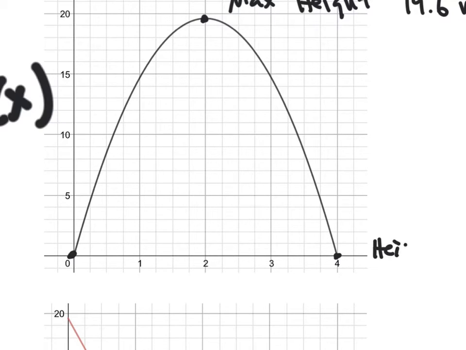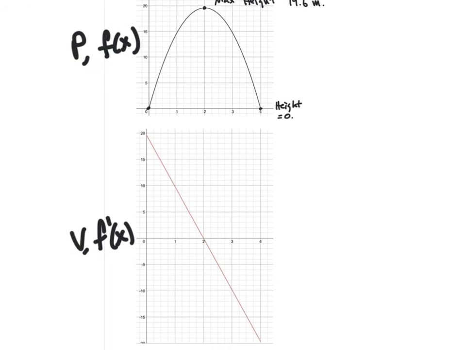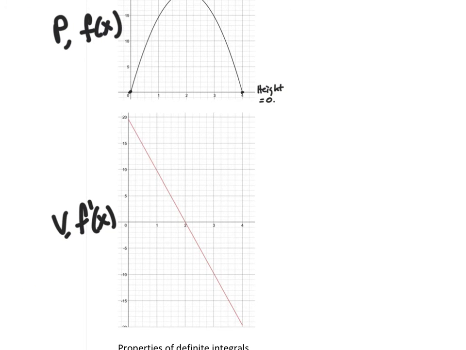So height is equal to 0, all right, at 0 and 4. But when I look at my velocity function here, what I notice is that our velocity is decreasing, or the object is slowing down, it stops at 2, and then it speeds back up.